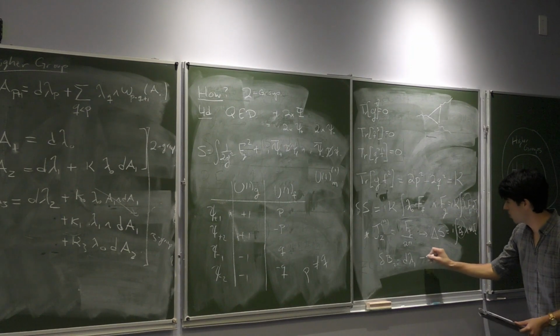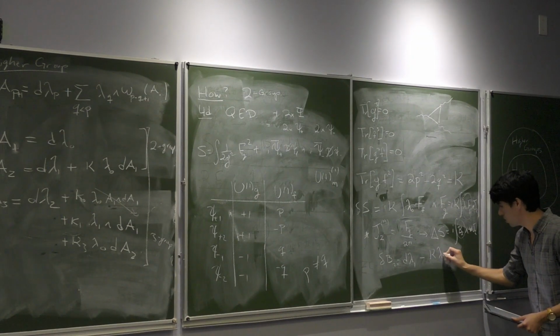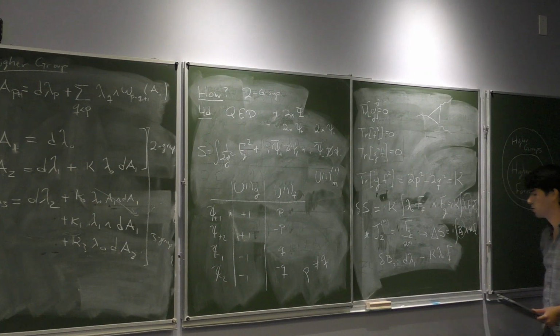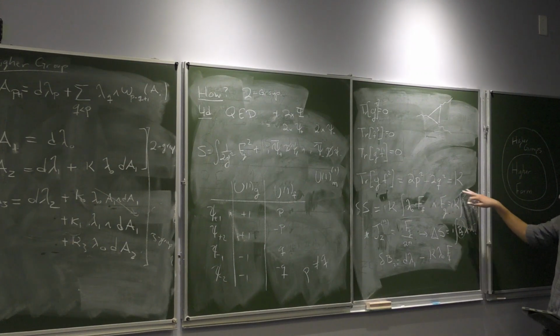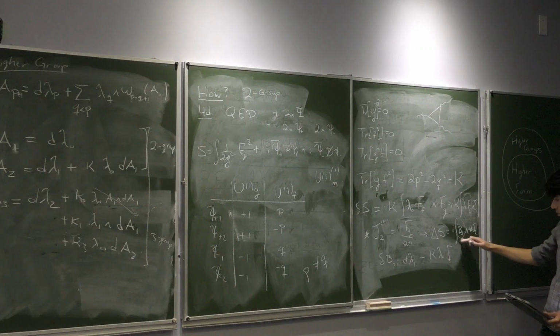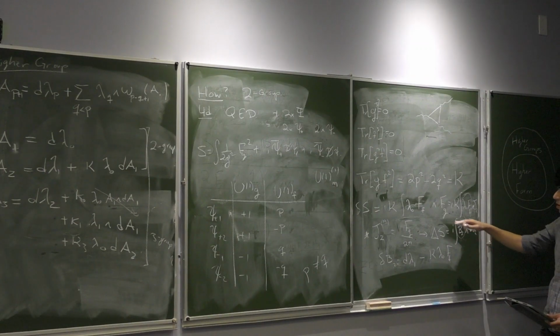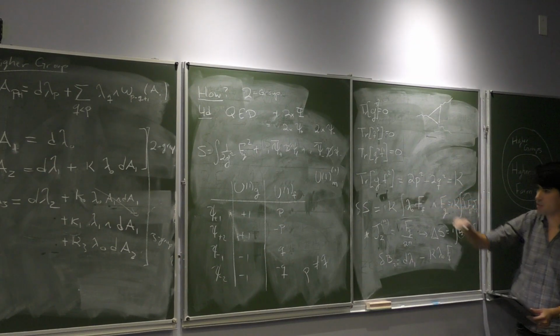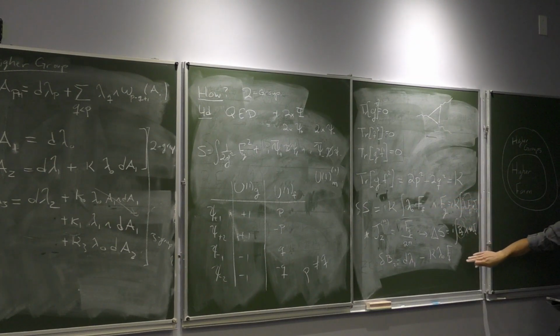So you would say this is minus kappa lambda 0 F. And so now you see that actually this anomaly is not there. What it's telling you is that the zero form flavor symmetry of this type lives inside of a 2 group with the magnetic one form symmetry. So this is one way to write this.